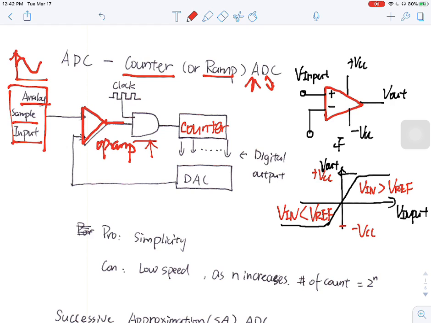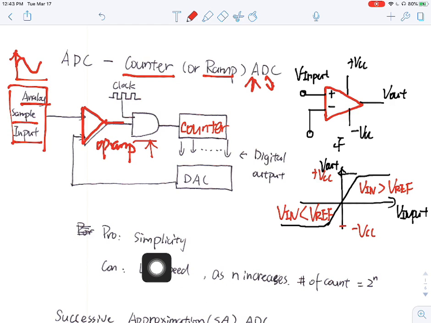And it will do this at each sampling time step, until you get a record of all the analog signals. So the counter or ramp ADC is very simple, and the logic behind it is very simple. However, it suffers from low speed.